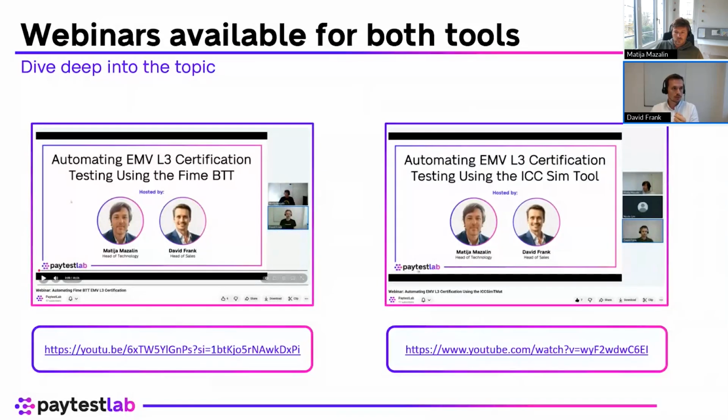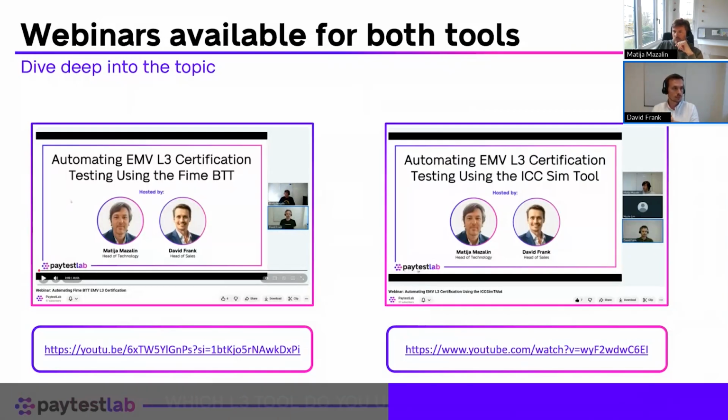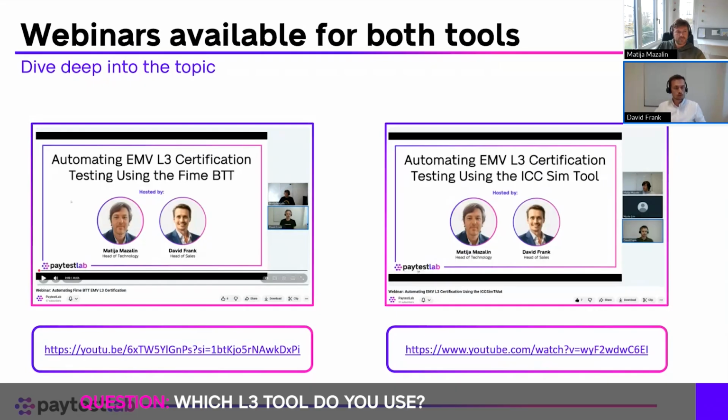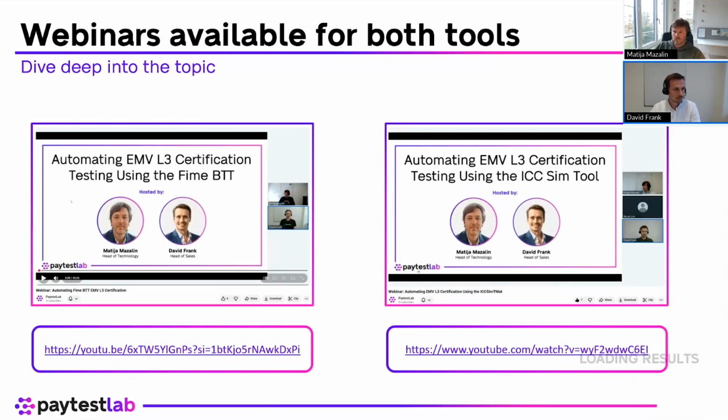And to know our audience a little bit better, I just wanted to start a little poll so that we know which tool you are using. Are you using the Fime BTT or more the ICCSimTMat or both? It's a multiple choice. Or do you use another tool which we don't focus on today, such as PaytestHub, for example? So I'll leave this a little bit open for a moment so everyone has a chance to give their votes and we see a little bit better on what we could focus.